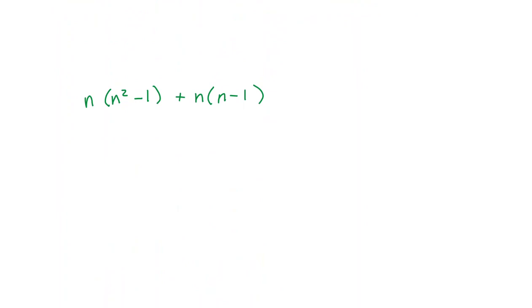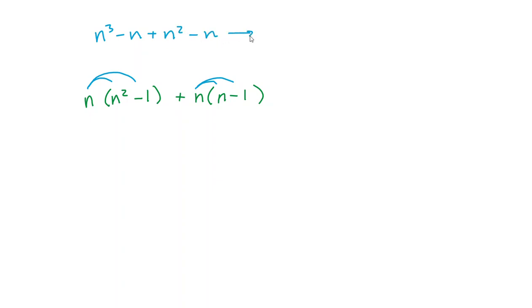There's two ways to do this one, and this one's a tricky one. Notice that this is really an expression that just hasn't, frankly, been simplified. We need to simplify it. We should just distribute here and distribute here, and we would get n cubed minus n plus n squared minus n.